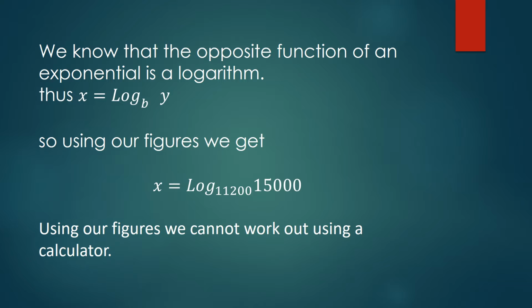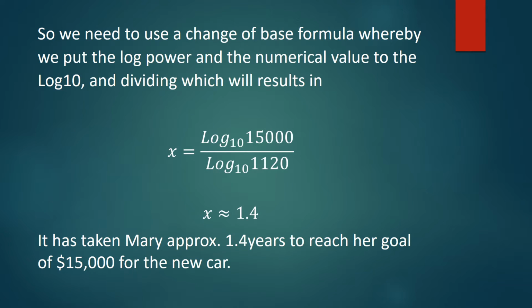We cannot use this on a calculator directly, so we're going to use the change of base formula, whereby we put the log to base 10 of the numerical values and divide, which will result in this. This we can now easily put into the calculator, and we can find an approximate time of 1.4 years. So it has taken Mary approximately 1.4 years to reach her goal of $15,000 for the new car.